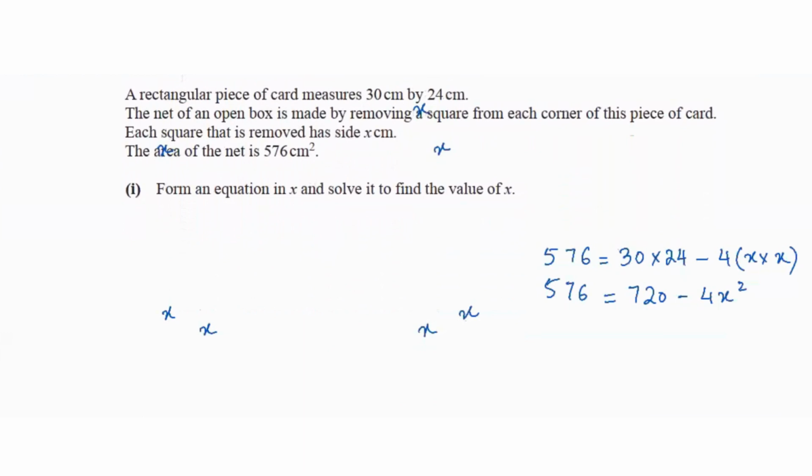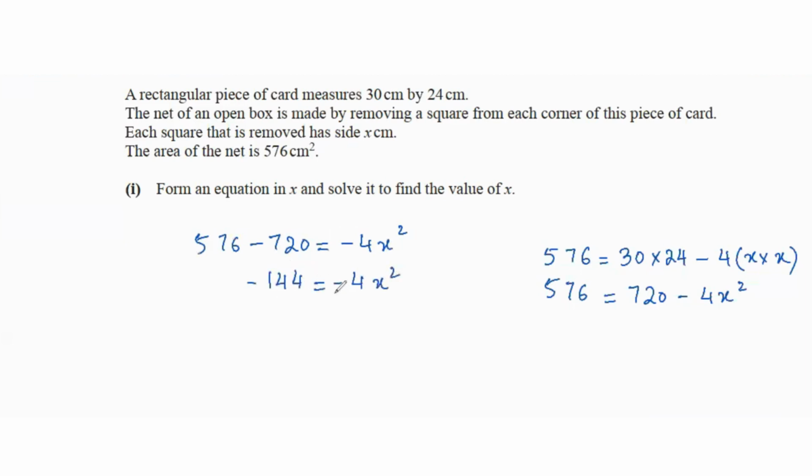To solve it to find the value of x, we'll make x squared the subject first. So 576 minus 720 equals negative 4x squared. So that's going to equal negative 144.